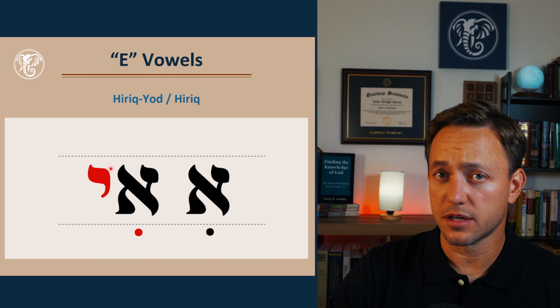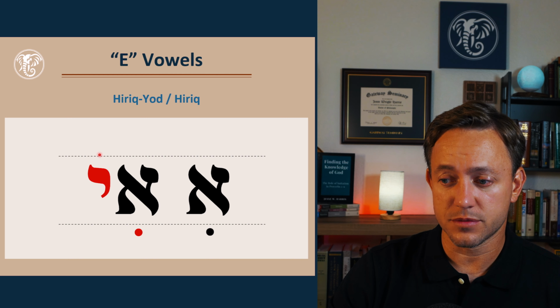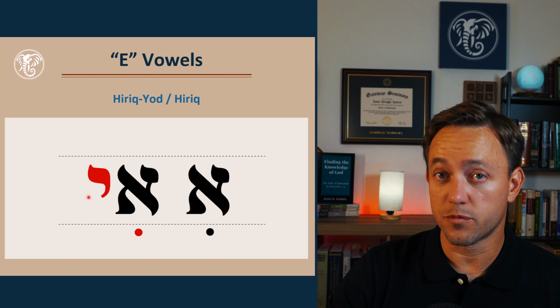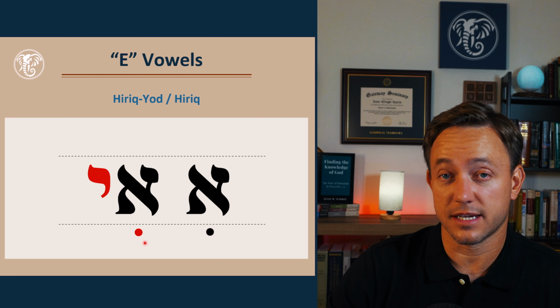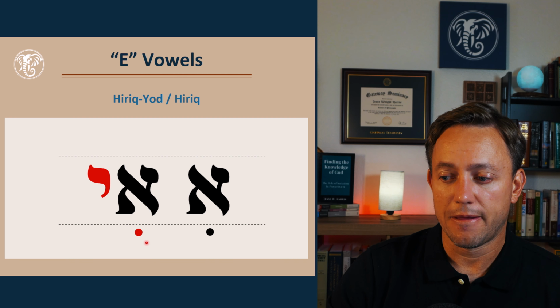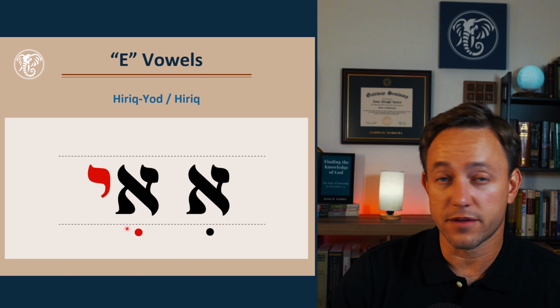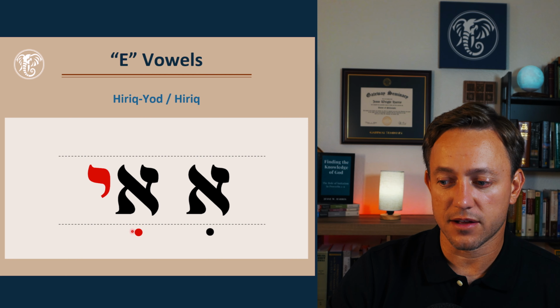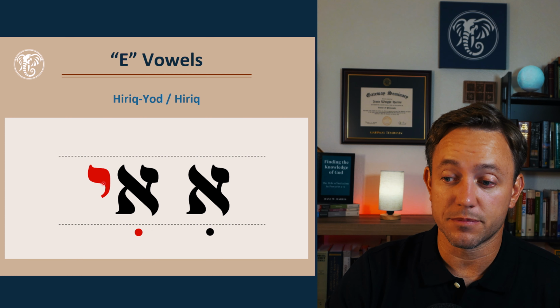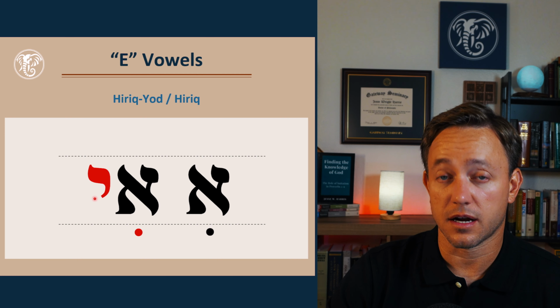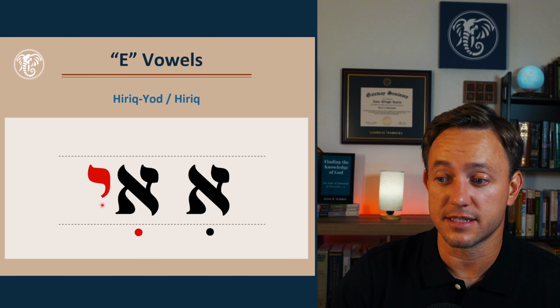But again, just as a reminder, in ancient times, the yod would have been written, but this dot would not have because it didn't exist yet. It wasn't developed. But again, for whatever reason, whenever they developed the vowels, they decided to keep these mater lectionis consonants as well, at least in a lot of cases.